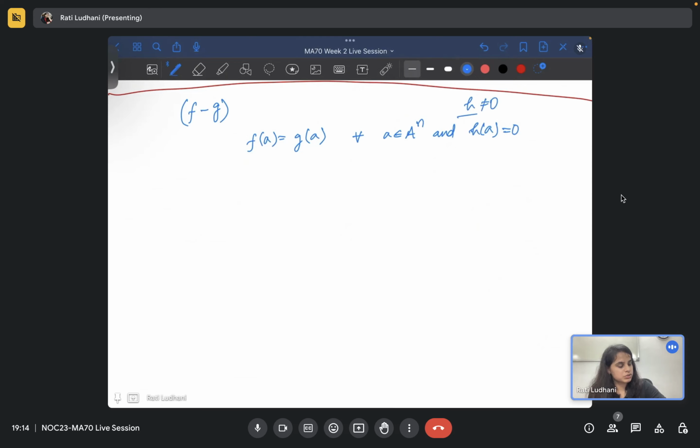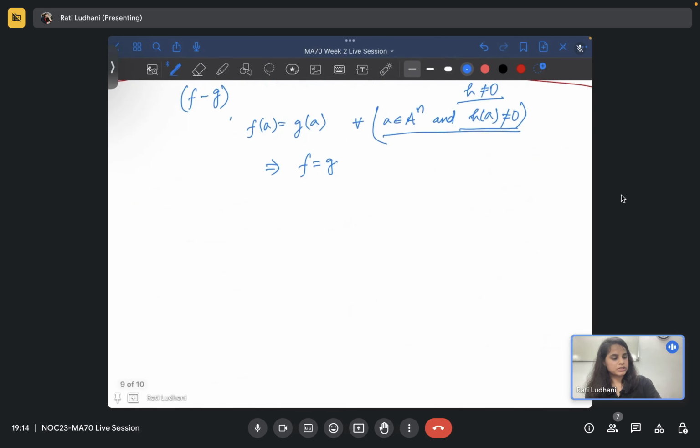That is one thing which you know. So a belongs to N and h(a) is non-zero. This is a set, and then you have to prove that f is equal to g. That is what the question asks. So I'm changing this system to be like this, with f minus g equal to 0.